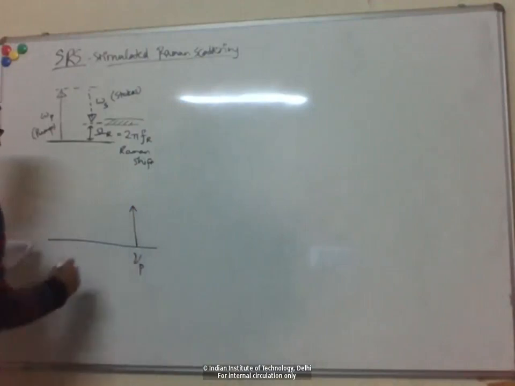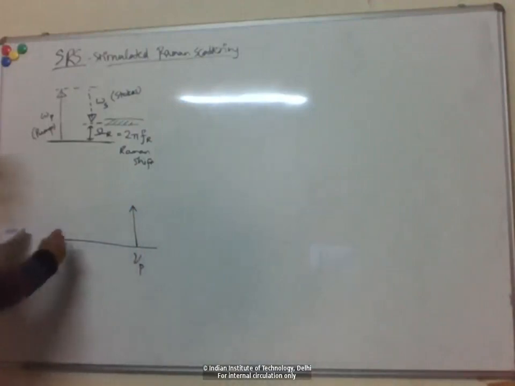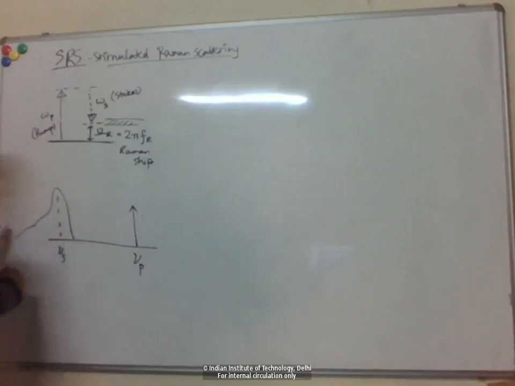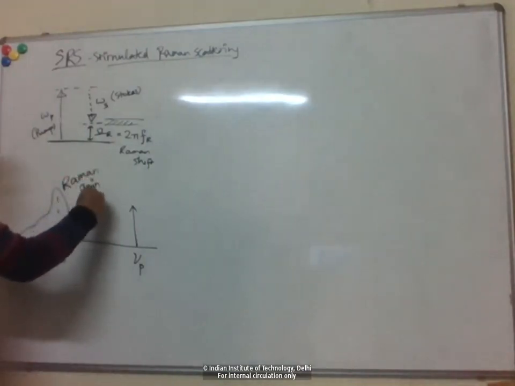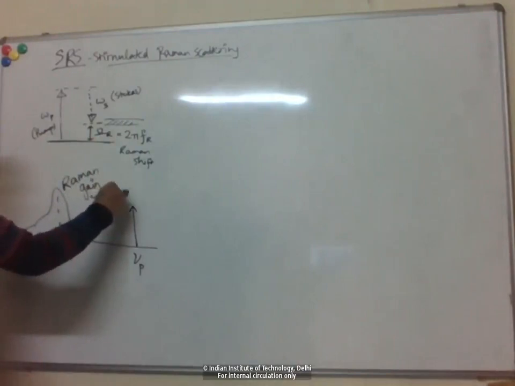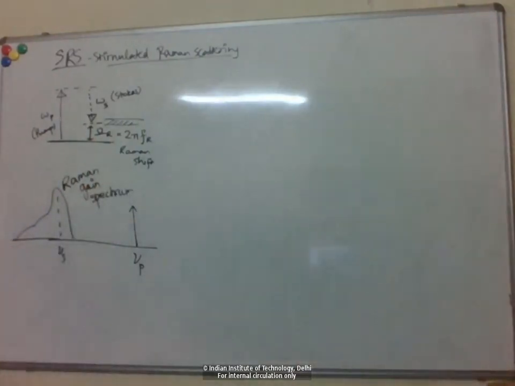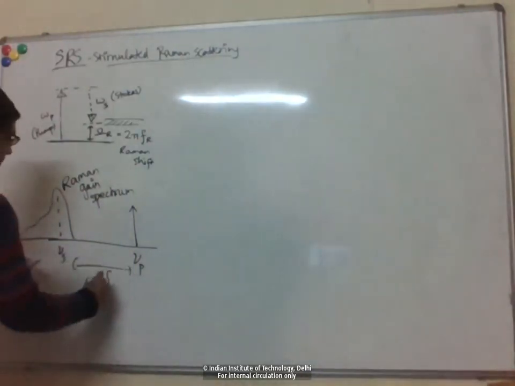So if you have a pump frequency, then it scatters to the Stokes frequency, and then there is some spectrum here. Okay. Just like we had this Brillouin gain spectrum, there's a Raman gain spectrum. Okay, so this shift is FR.